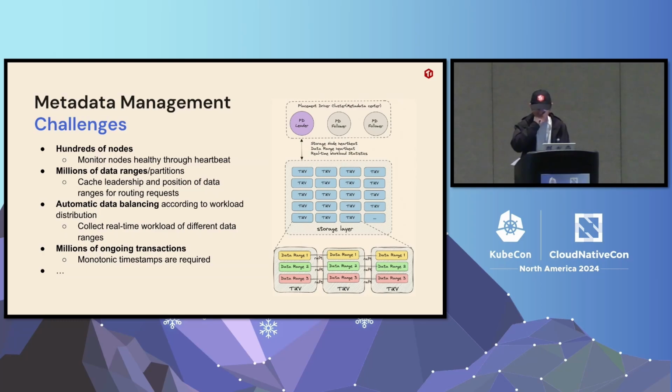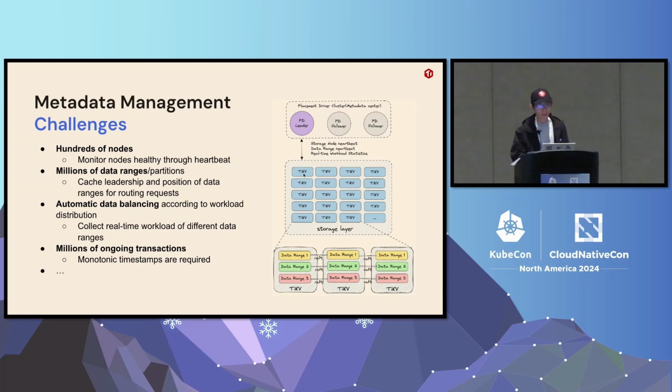Okay, let's move to our third part, which is about the challenges we have faced and our solutions. From the architecture, you can see the PD part is a metadata center. In the storage layer, we have multiple TiKV nodes. The data is stored here, and the metadata is stored in the PD layer, which is a cluster. What PD does is monitor the health of the whole cluster.